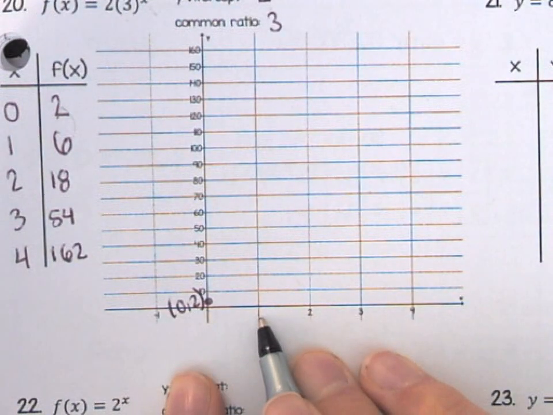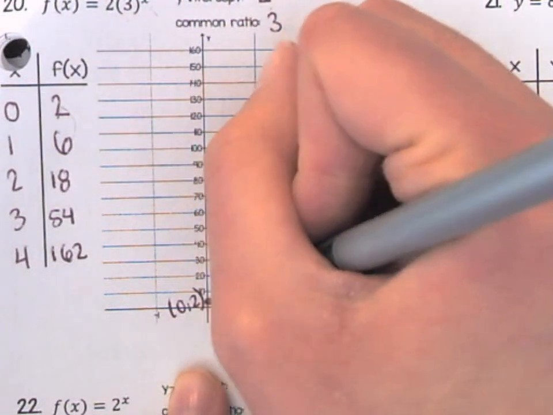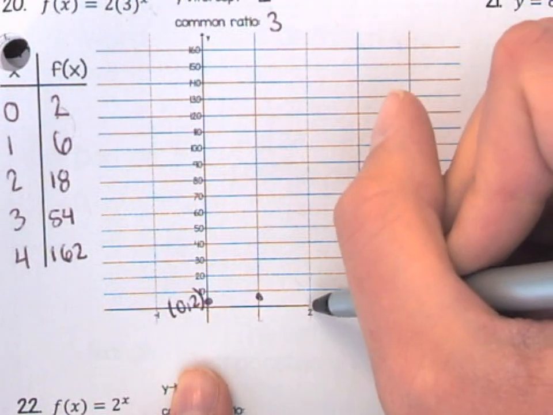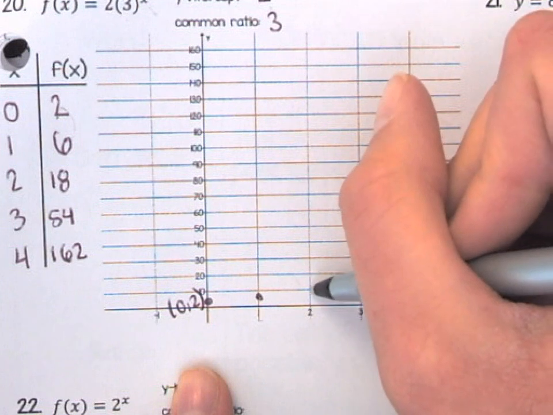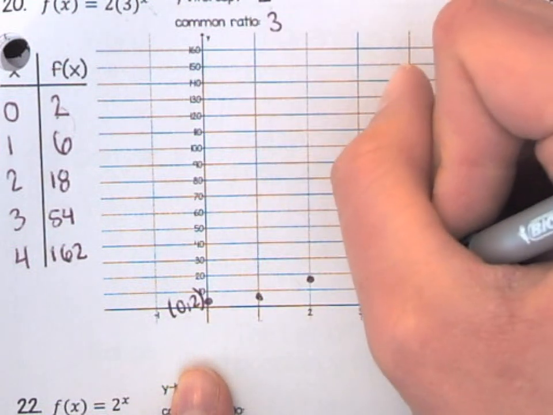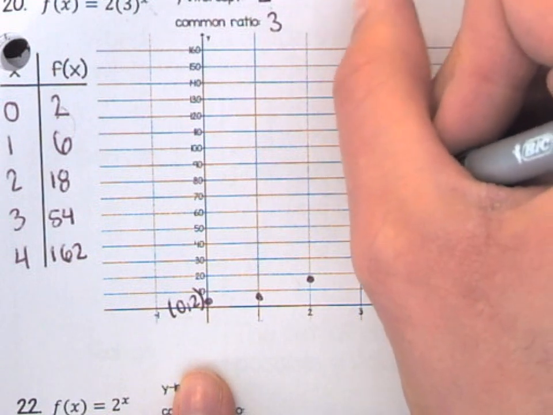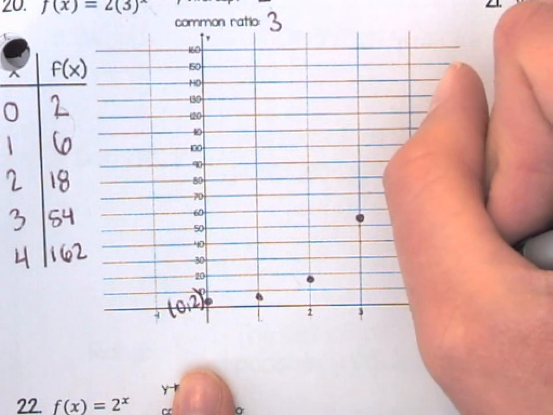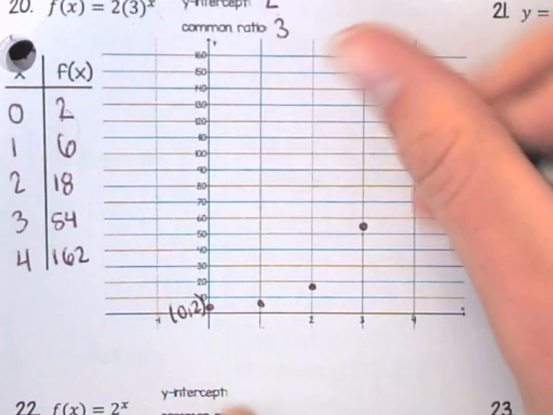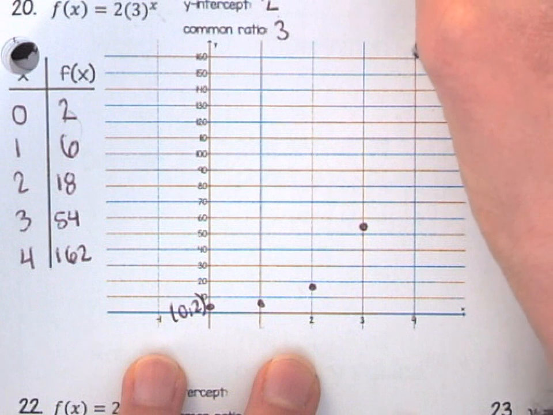Then our next one, when x is 1, I know that y is 6, that's about halfway up. You could label each of these, but you don't have to. When x is 2, my y value is 18, which is right about here. When x is 3, y is 54, which is right about here. And when x is 4, y is 162, so it comes all the way up right here.